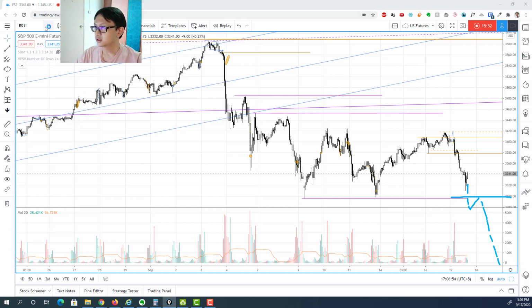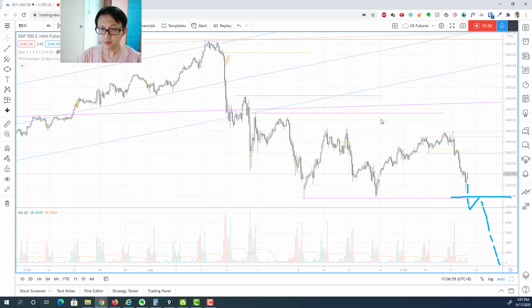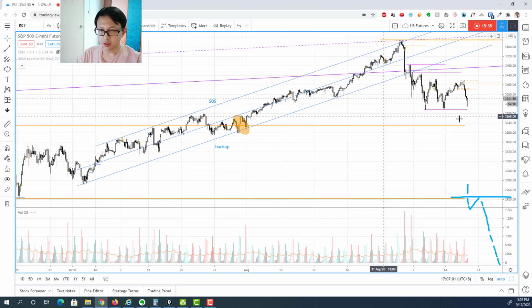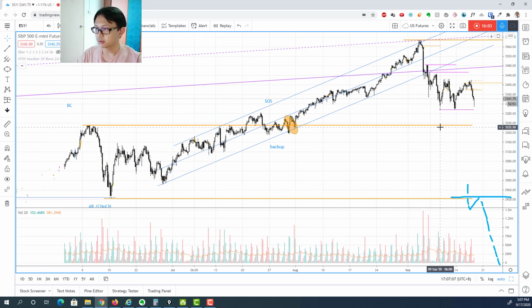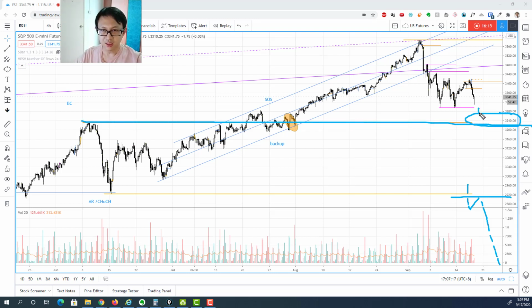And let me just go to a higher time frame, maybe 4 hour, because the next support level when it breaks the 3300 level will be the previous accumulation zone. That is 3230, the orange level that I have drawn previously. So that's the next supporting level. If it breaks down, then definitely expect further weakness, and at least a test around 3230.